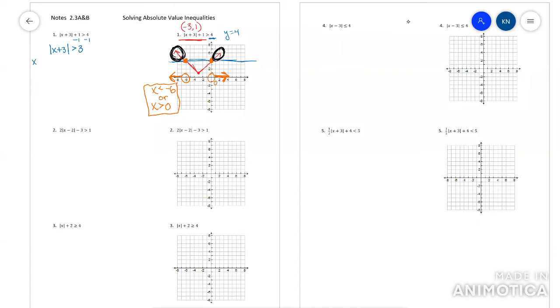It should look like x plus 3 greater than 3. That's my as is. And then once times -1. So x plus 3. Now right here, when you times by -1 on an inequality, the sign switches. So it's going to switch from this greater than to a less than symbol.